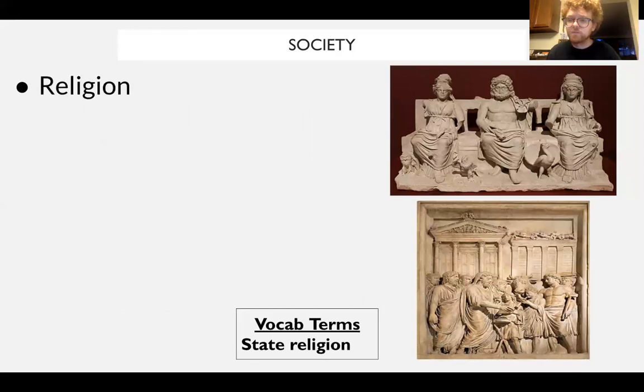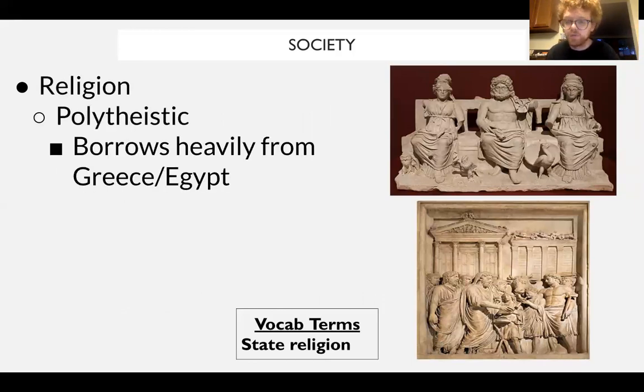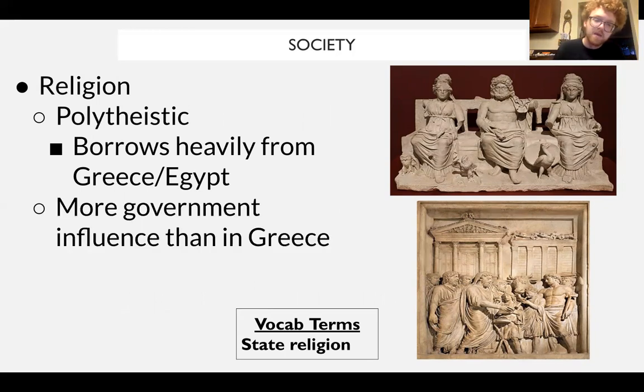In terms of religion, think ancient Roman religion as essentially copy and paste ancient Greece and ancient Egypt. It is a polytheistic religion, much like ancient Greece, and in fact, a lot of the same Greek gods are the Roman gods, just given Latin or Roman language names. However, a big distinction between Rome and Greece in terms of their religion is that the government of Rome has a lot more of a say in religion.